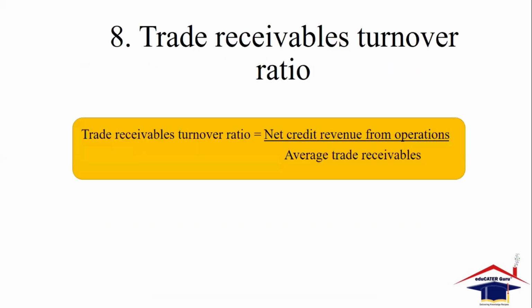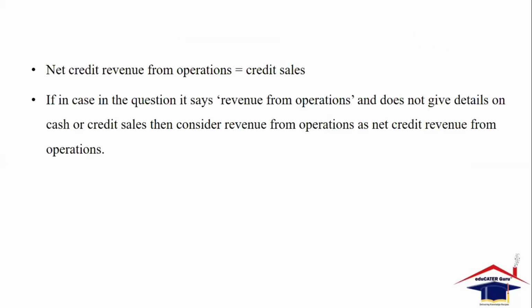Next, trade receivables turnover ratio. The formula says net credit revenue from operations divided by average trade receivables. So now we'll see what is net credit revenue from operations. That is nothing but credit sales. When does the trade receivables come?